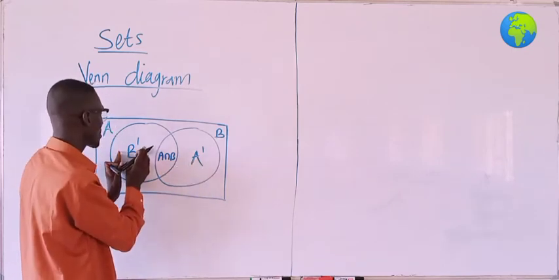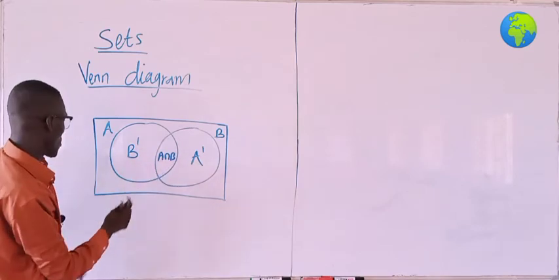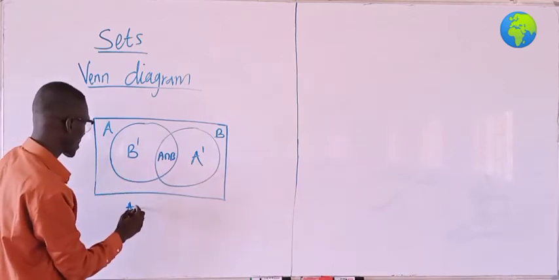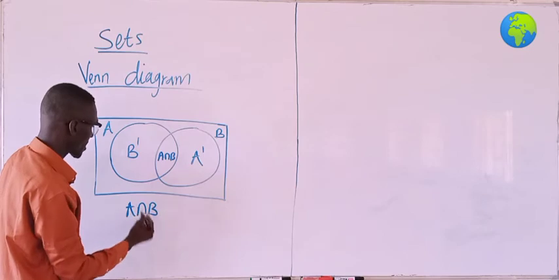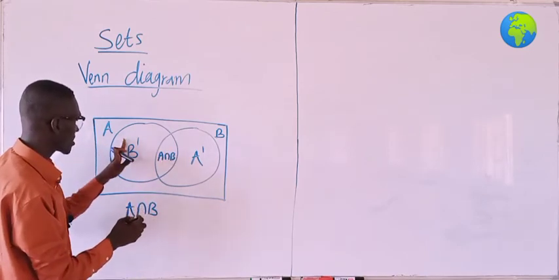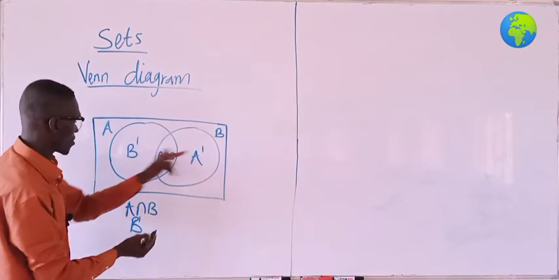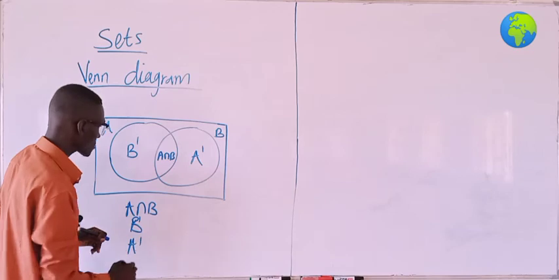So B complement means this is where A is, right? So when I say A intersection B, this is the point, right? When I say B complement, you see I have it here. That's B complement. We have A complement, right?